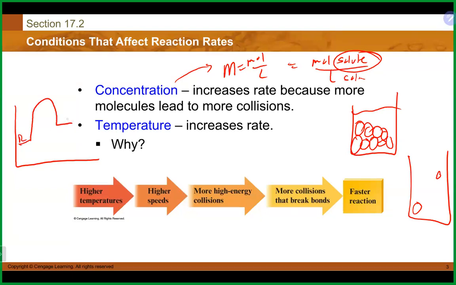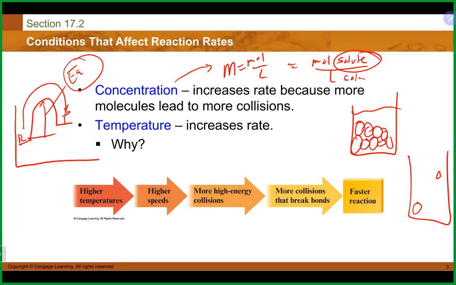Our reactants, our products, we have this activation energy, which is that hill the reactants have to climb to get to the other side. So with a higher temperature, everybody has a little bit more energy, which means you're going to have a greater proportion of molecules that have enough energy to get up and over to the other side.